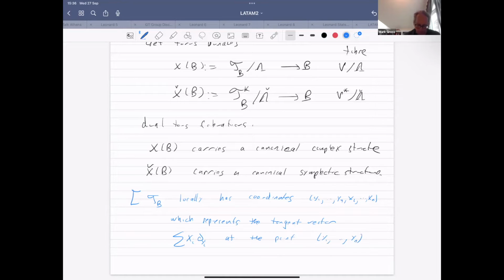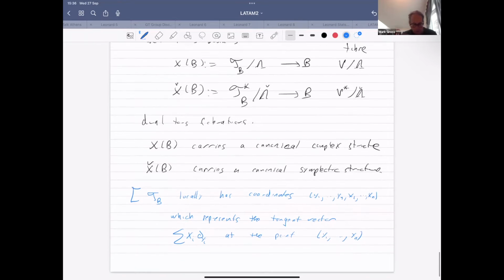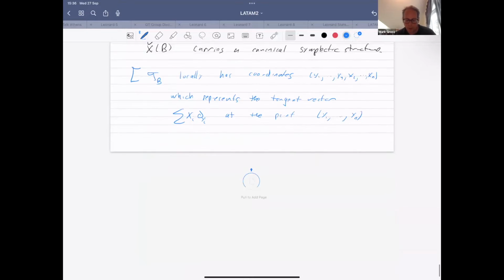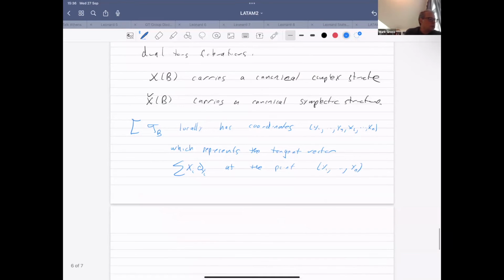So this is just a canonical set of coordinates that you always have. Once you have coordinates in the base, you get coordinates on the fibers, the tangent bundles.